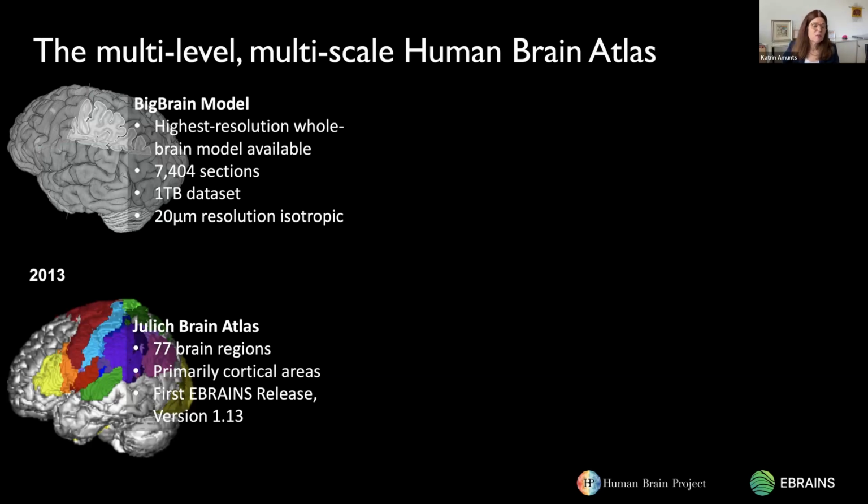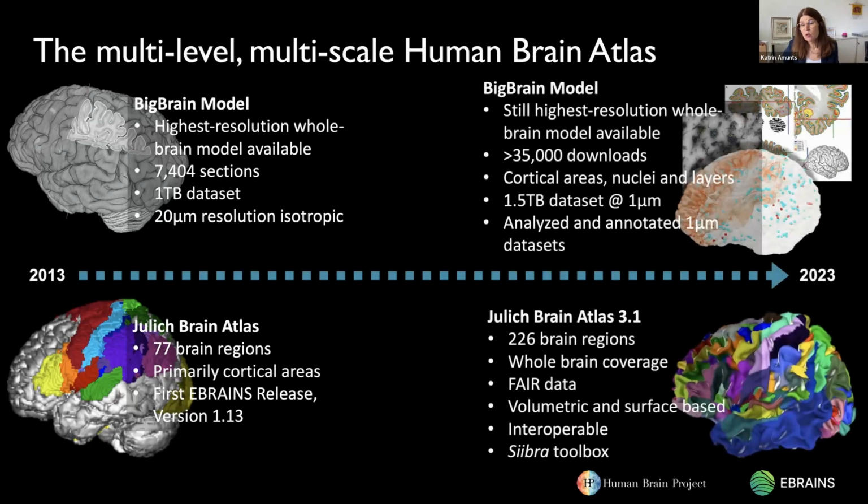At that time, our Julich-Brain atlas included 77 brain regions, primarily cortical areas closely related to primary sensory and motor areas, not so much higher associative areas. When we look today at the BigBrain model, and you will learn about it later during this course, it's still the highest resolution entire brain model.